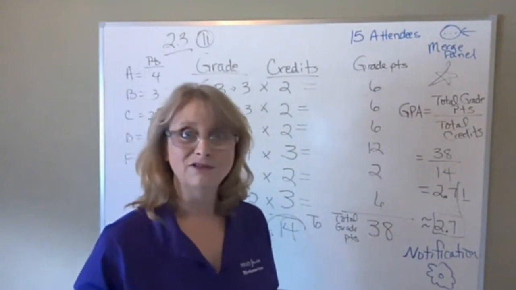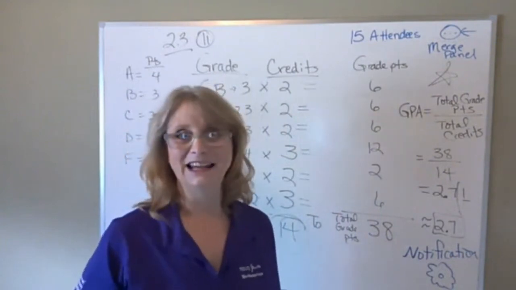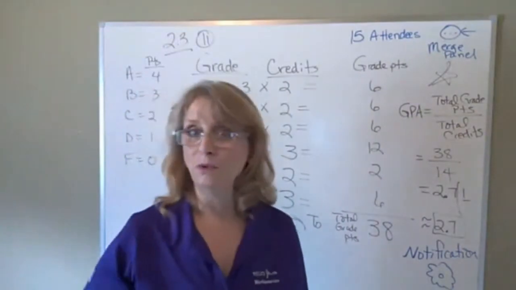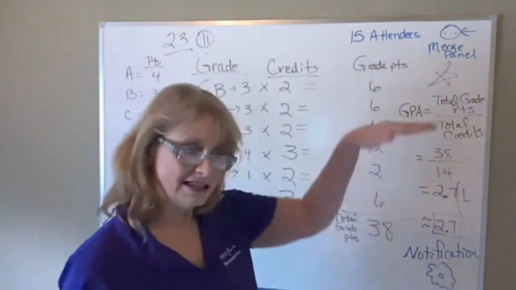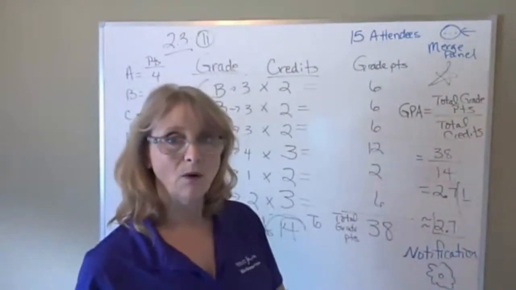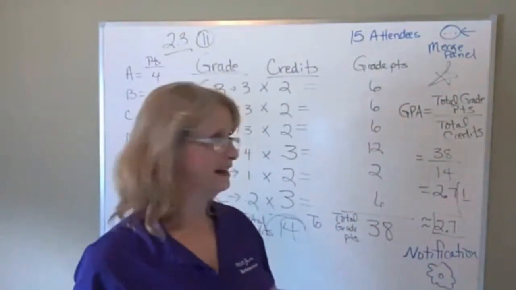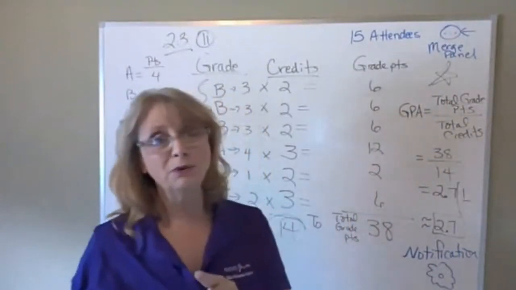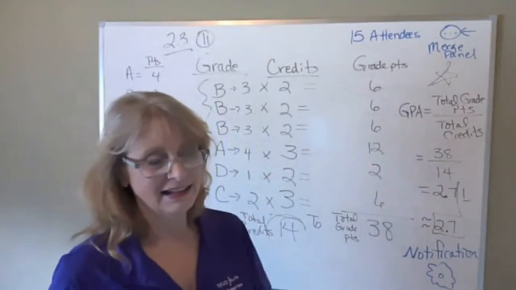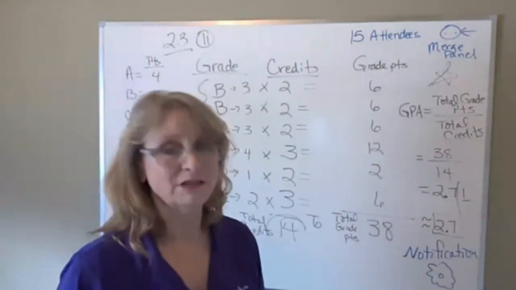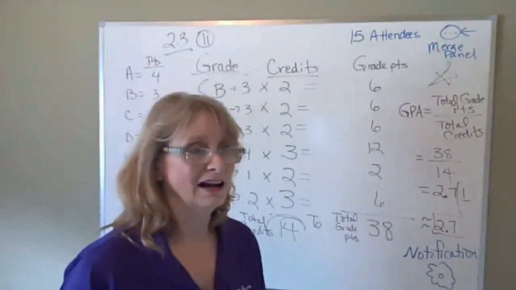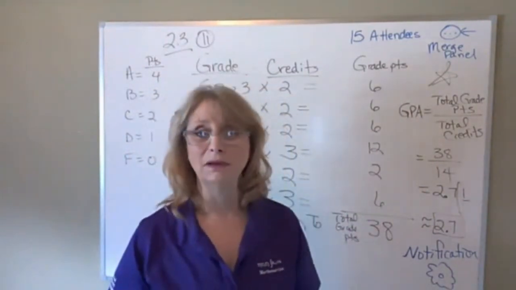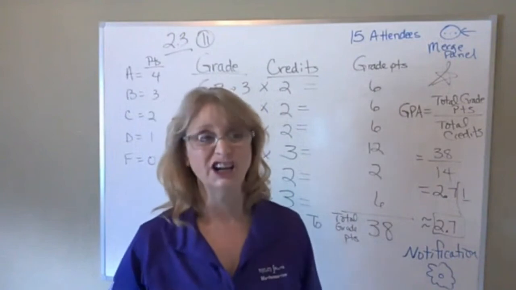So we had to figure out how many classes he has to take and what grade he has to make in them in order to get his GPA up. So we worked together and figured out, okay, if he takes this class, that'll give him this many hours. And if he makes this grade, that'll give him this many grade points. What we figured out in the end was that he needed to take one 3-hour class, but he had to make an A in it. And this was at UTA. So we basically looked for a class that he needed, but would be fairly easy because he was in engineering.